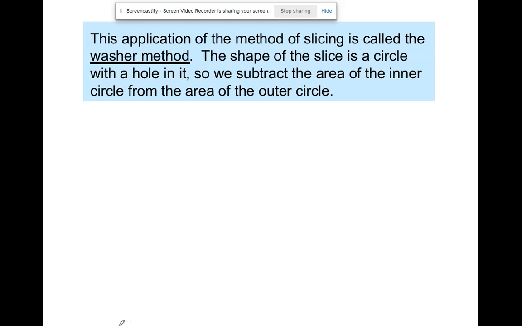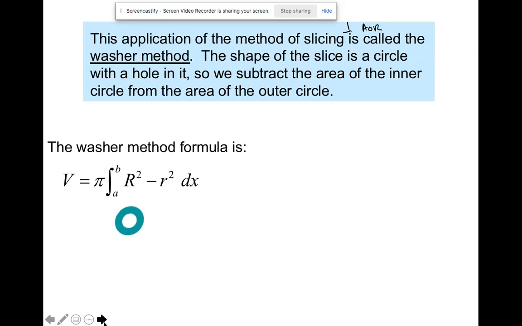So again, this application of slicing perpendicular to the axis of rotation is called the washer method. There you go.